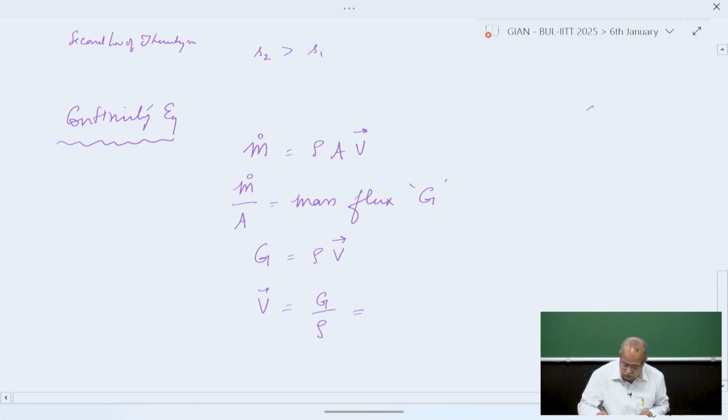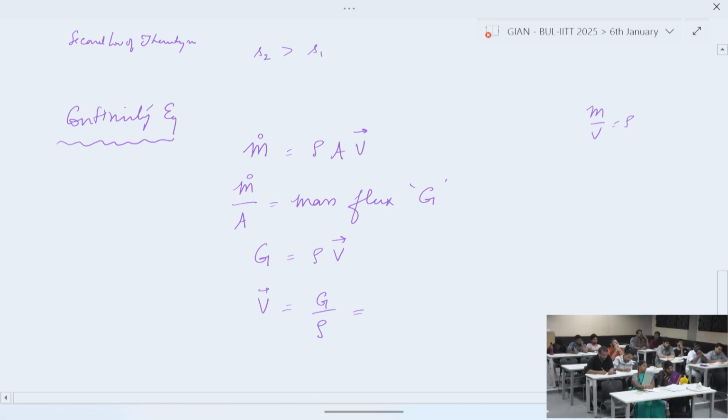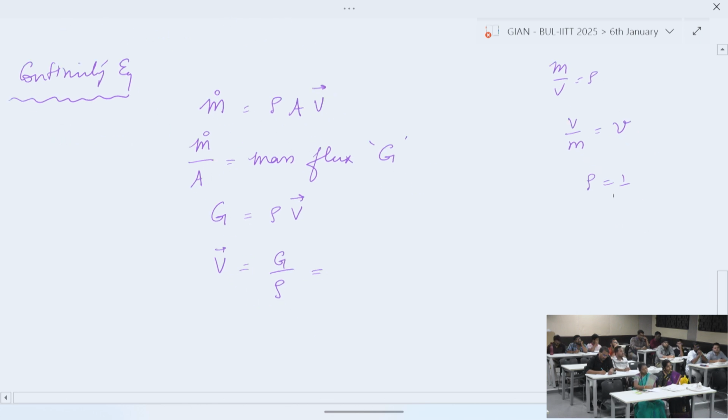Mass by volume is density, and volume per unit mass is specific volume, or rho is equal to 1 by specific volume. So I can write here, this is mass flux times specific volume, 1 by rho.